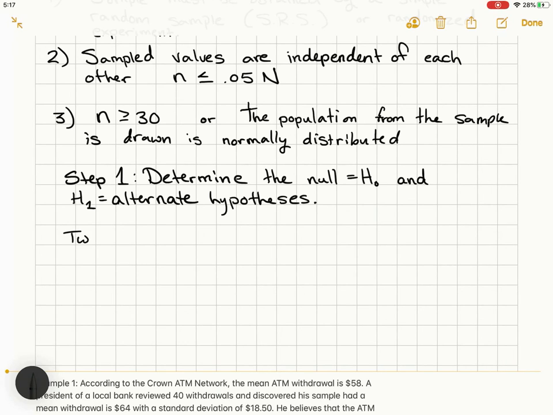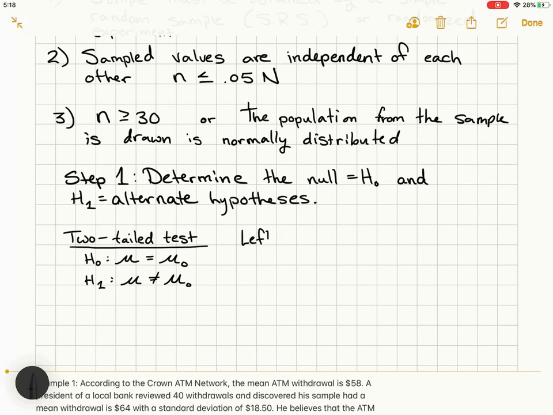The first one, your null, will always look something like this, even if you have a different kind of test. In a two-tailed test, we say our null hypothesis is that the mean is equal to some specified mean, or your alternate is that the mean is not equal to some specified mean, mu naught.